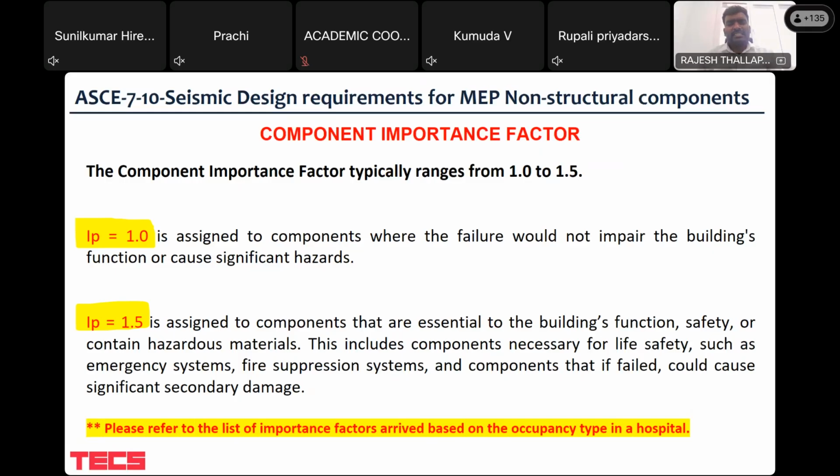During an earthquake or some natural calamity, the service going to the ICU should not get affected. So it should be designed in such a way that whatever impact comes due to the earthquake or seismic activity should be resisted by that particular non-structural element, and it should not collapse, right? So that's the reason it was given 1.5.